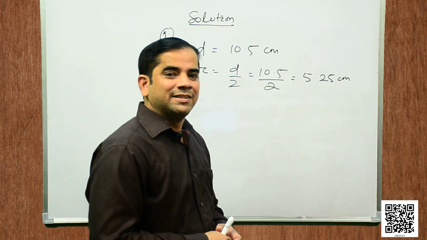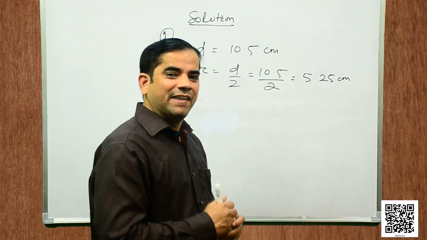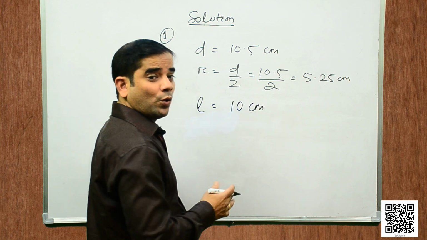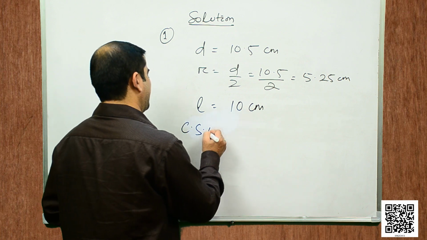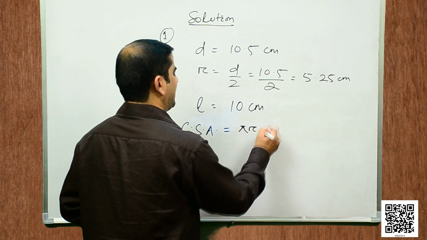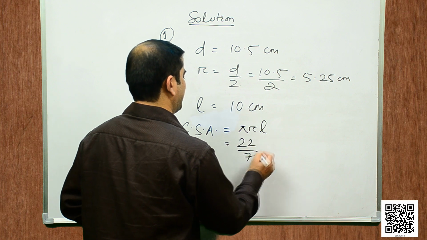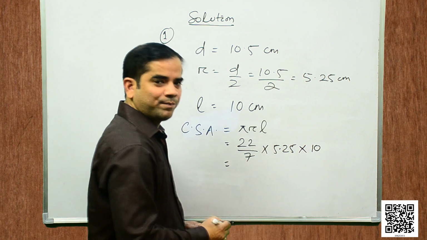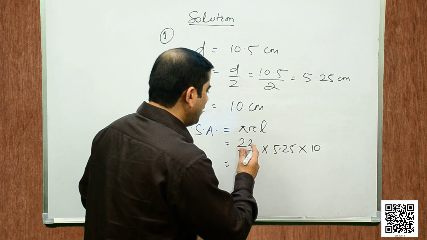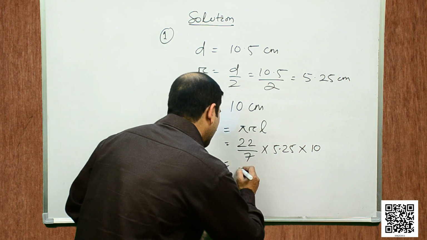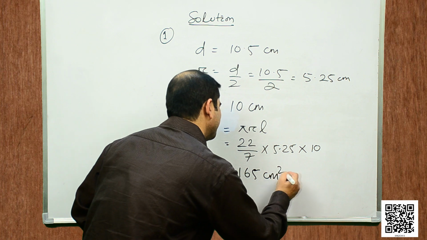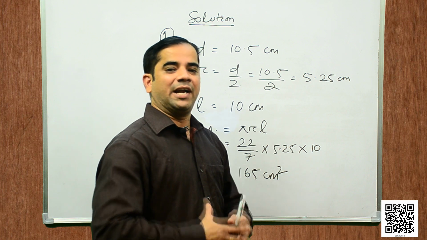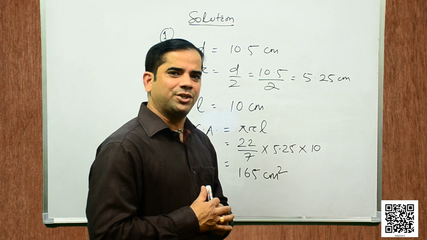Students, the slant height is given as 10 centimeter, so L will be 10 centimeter. So, what is the curved surface area? Curved surface area is equal to pi r L, that is equal to 22 by 7 into 5.25 into 10. Okay. So, when we calculate, we will get a value that will be equal to 165 centimeter square. So, this is the curved surface area that we were needed to find out. Hope you understand the solution.